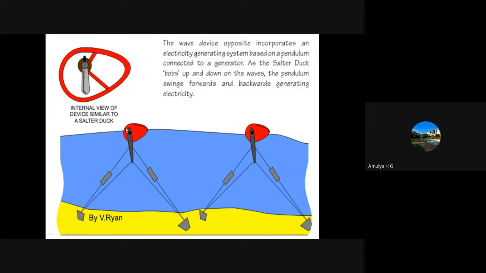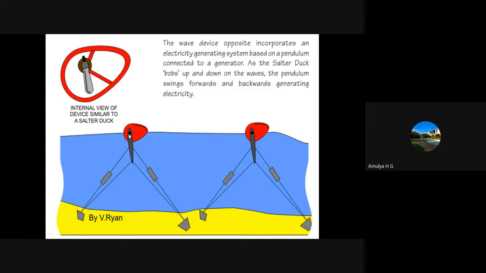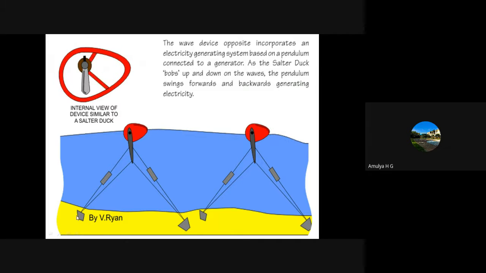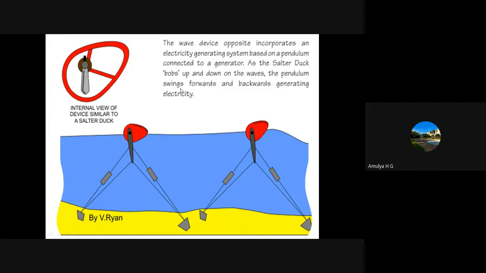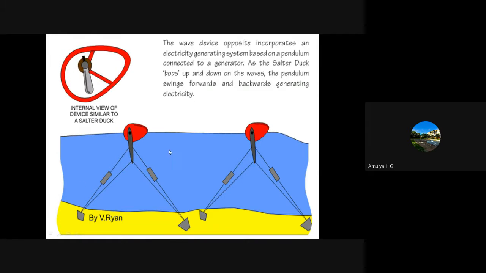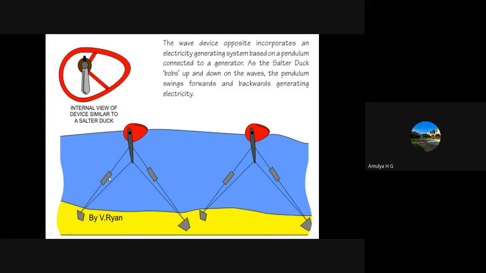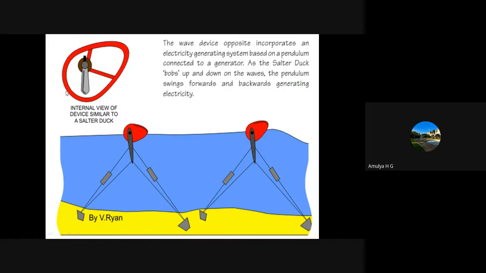Observe here, the Salter duck is connected to the pendular device, and it is connected by two cable lines to the fixed structure. This pendular device moves in a forward and backward direction for generating electricity. This is the pendular device attached to the Salter duck system.